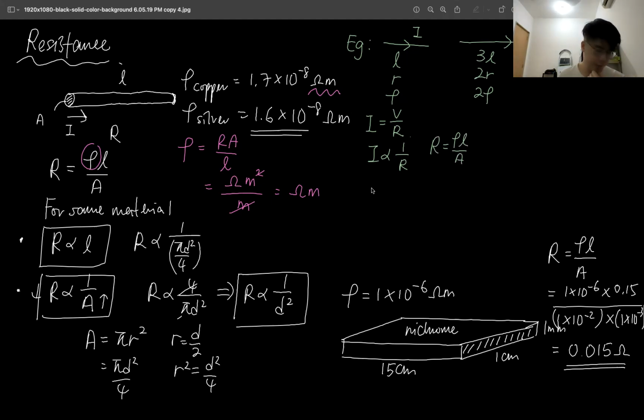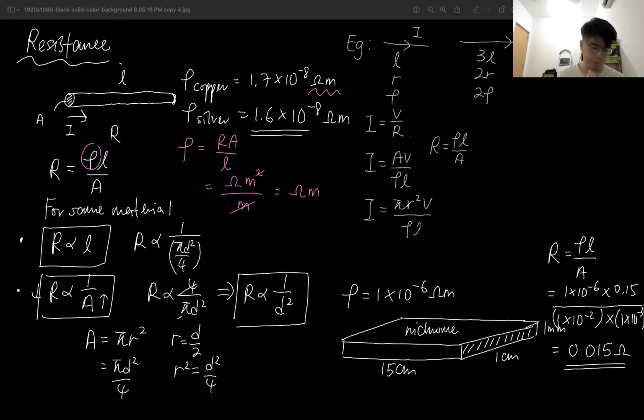So I can write this as I equals AV over rho L. A expanded is pi R square, so I equals pi R square V over rho L. Then I drop the V and the constants, so I is proportional to R square over rho L. This is the relationship.